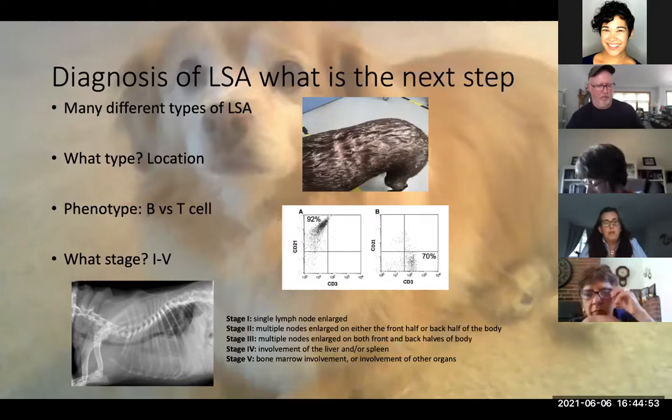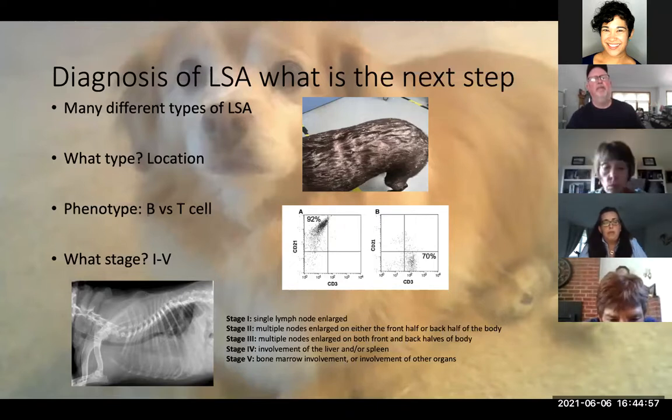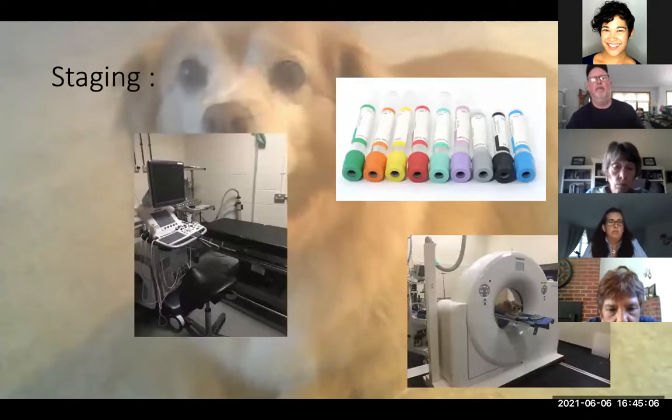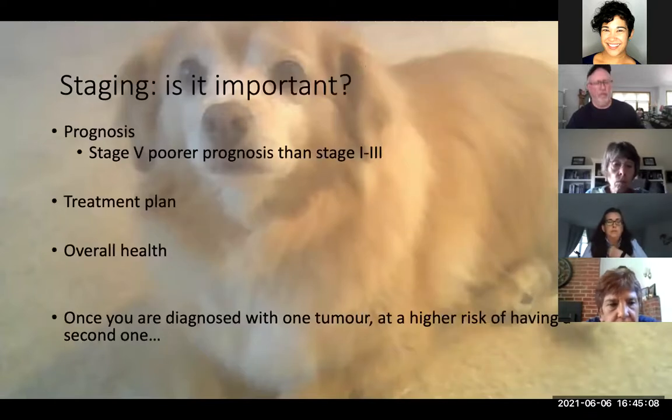And then I've listed here just the stages, stage 1 through 5, and how many nodes are involved, how many organs are involved. And again, all of these things are going to play a factor in what we do with that next step.